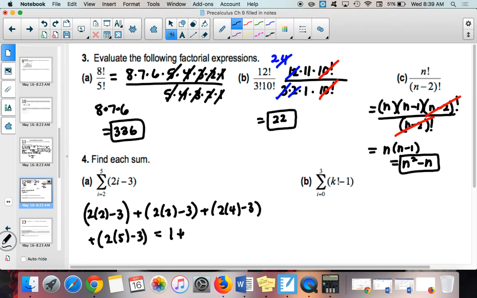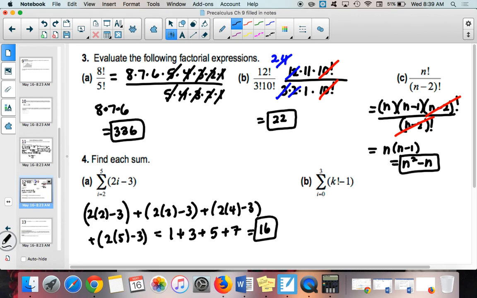If I plug in 3, I get 6 minus 3, which is 3. If I plug in 4, I get 8 minus 3, which is 5. And if I plug in 5, I get 10 minus 3, which is 7. So 8 plus 8 is 16. So our answer is 16. Make sense?